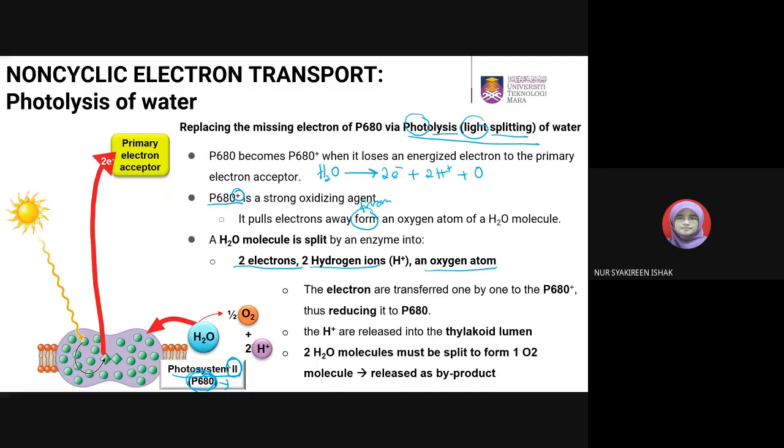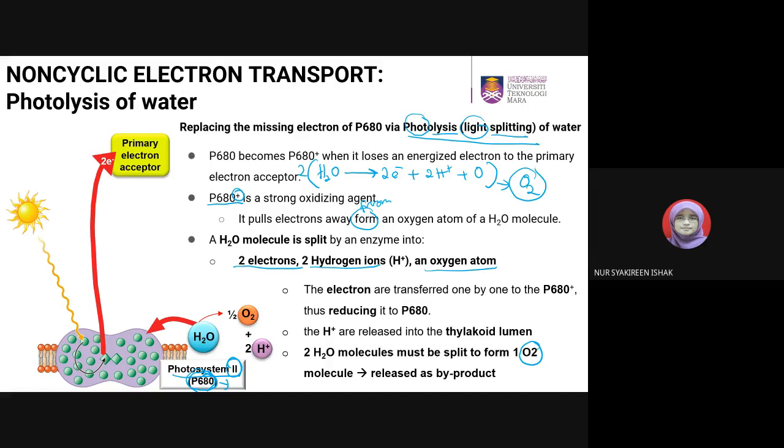Okay, so you know that the byproduct of light reaction is 1 oxygen molecule. Ingat ya, kalau molecule is O2, so requires 2 water molecules to be split in order to release an oxygen molecule. Okay, so then only oxygen molecule is released as the byproduct of light reaction.